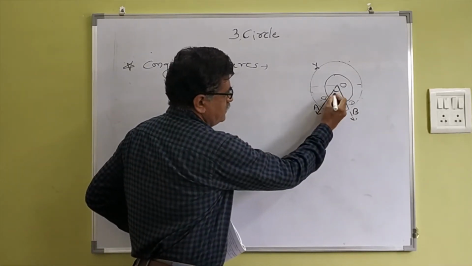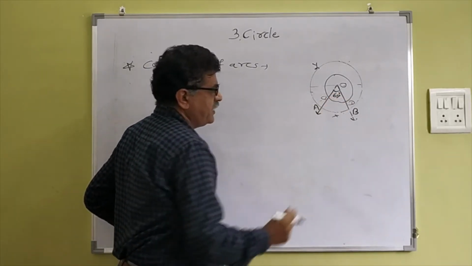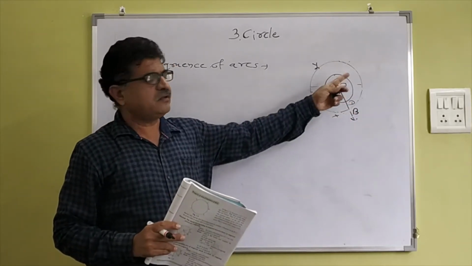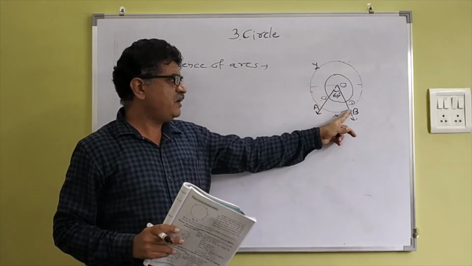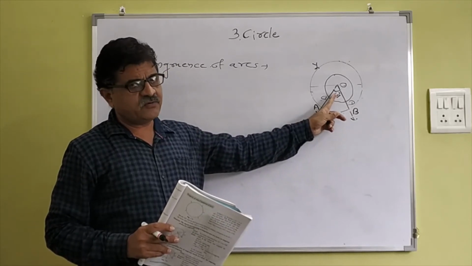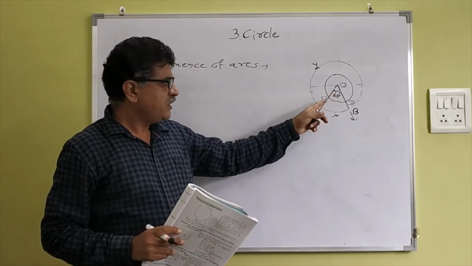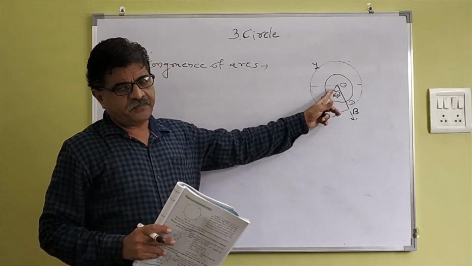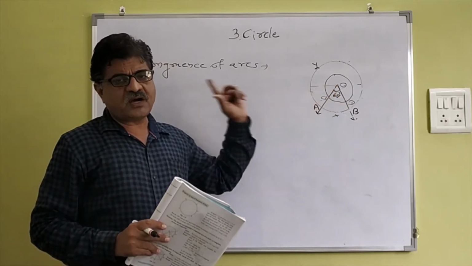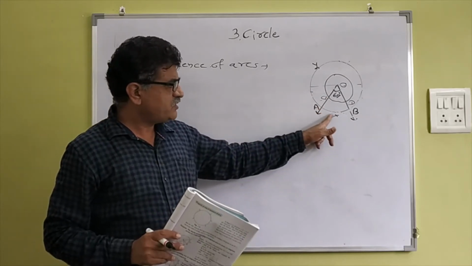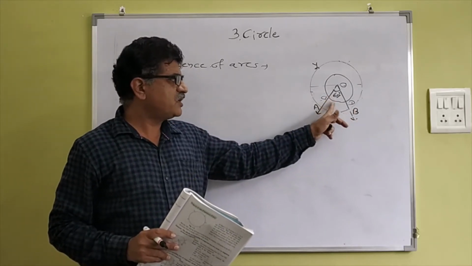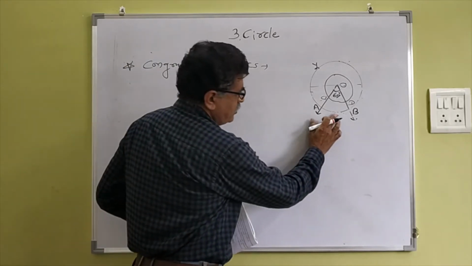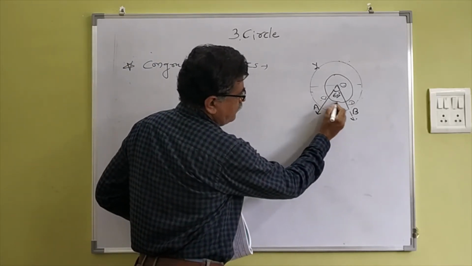Suppose this is 60 degrees. In this larger circle, the measure of arc AB is 60 degrees, which is equal to the central angle. Here also the measure of arc CD is 60 degrees. Now whether these two arcs are equal or not. We see here arc AB is greater than arc CD, so we cannot say these two arcs are equal.